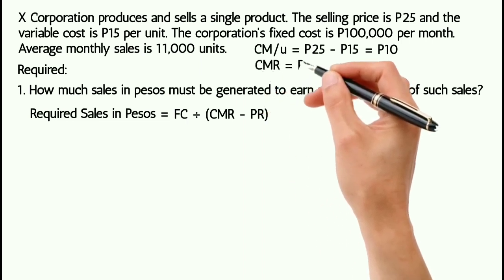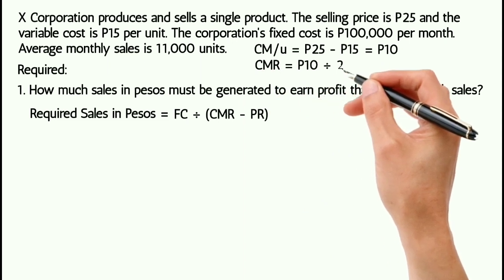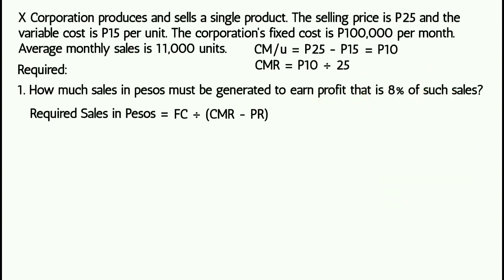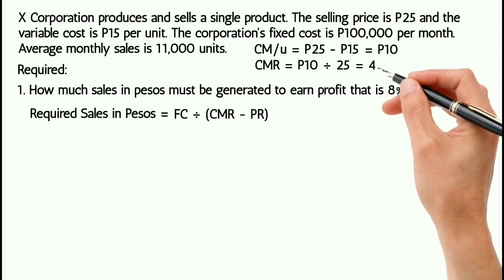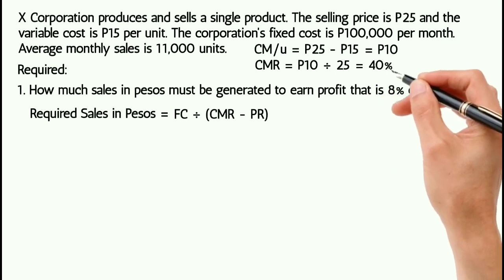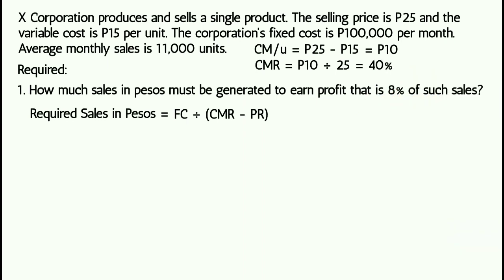So that means 10 pesos divided by 25 pesos, that is equal to 40%. And that 40% is the contribution margin ratio.